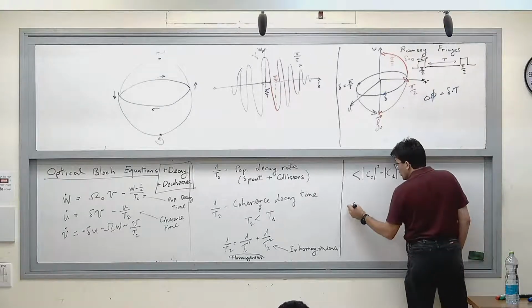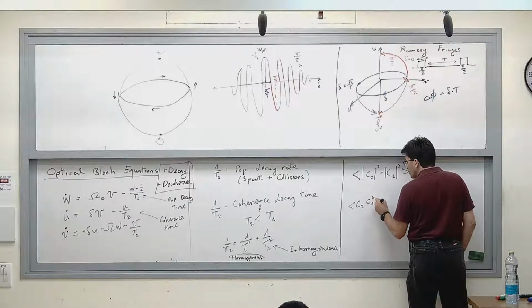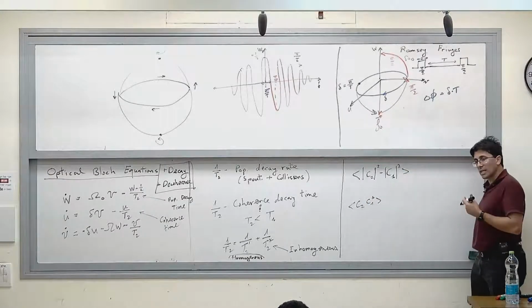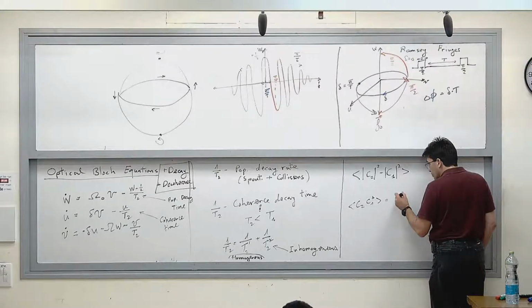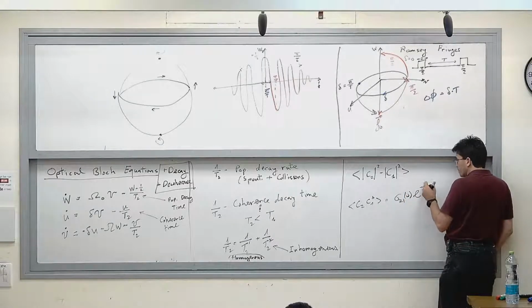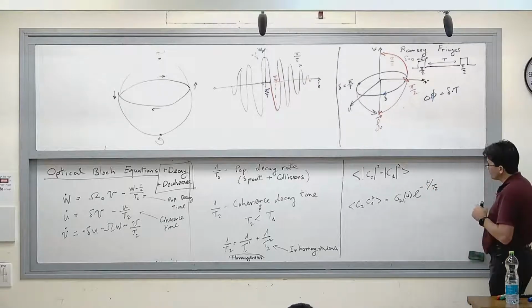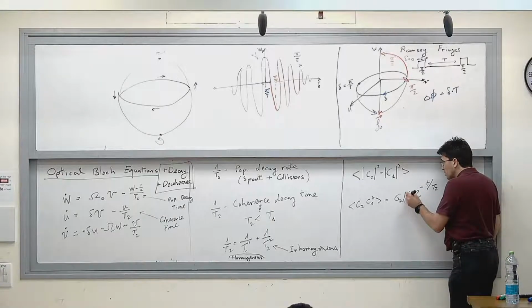And when we think about C2, C1 star, averaged over the ensemble, we'll see that this has some, well, what we called it, sigma T1 of time 0 times e to the minus T over T2. Why is it that it decays?